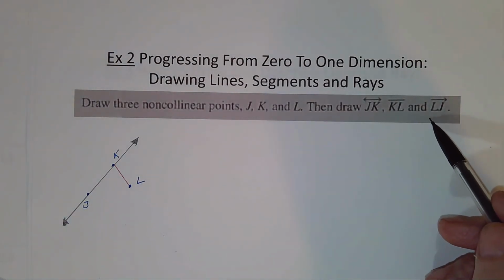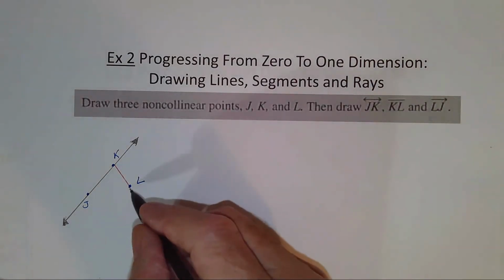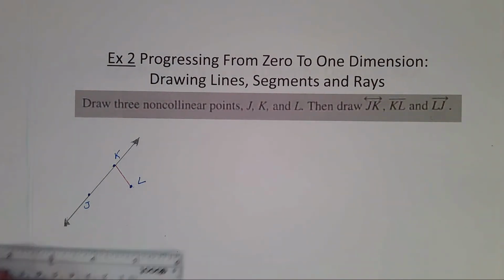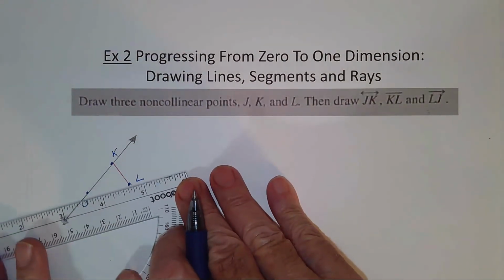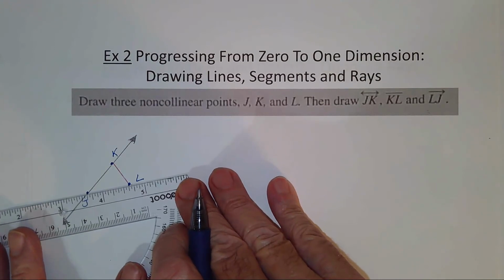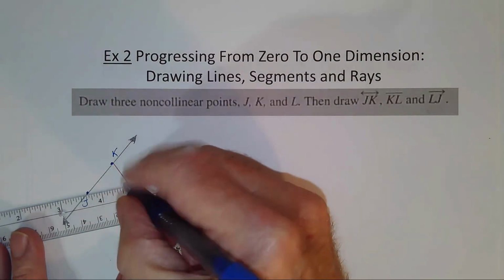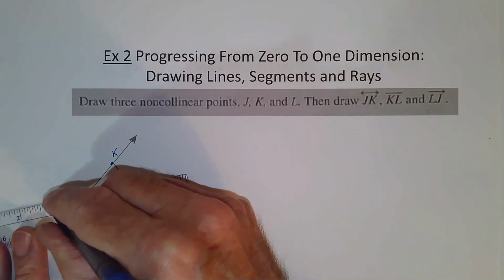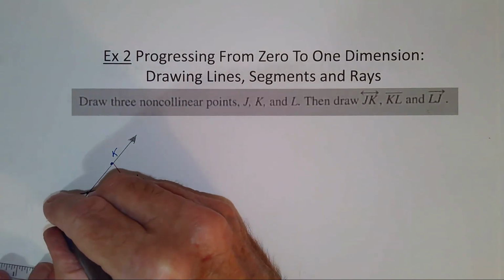Okay, so you have to follow the rules that we did before. So we've got to start here at L, and I'll use my pen. There it is. I'm going to start at L, and I'm going to draw a ray. So remember, it starts at the endpoint L, and it's going to go through J. So that has to go this way, and remember, it's going to go on forever and ever, amen.